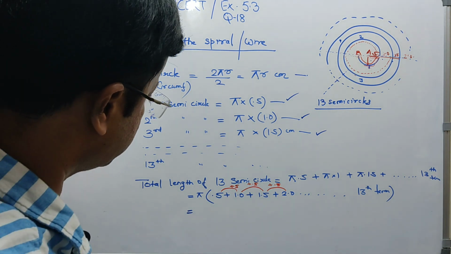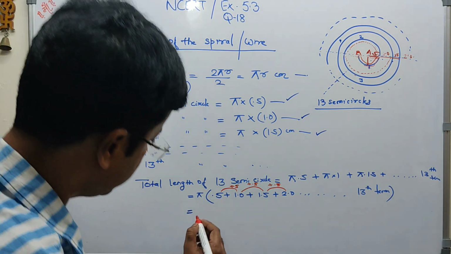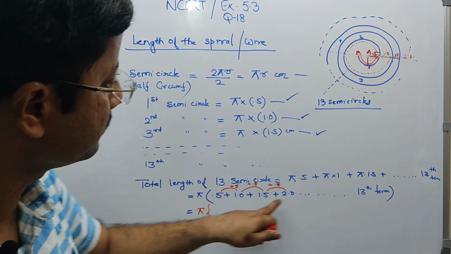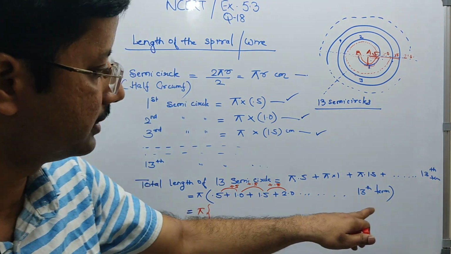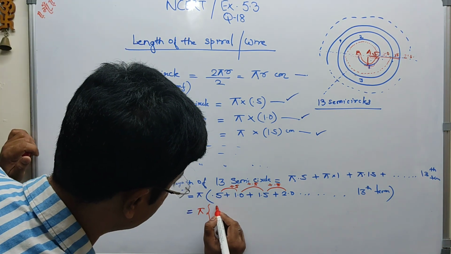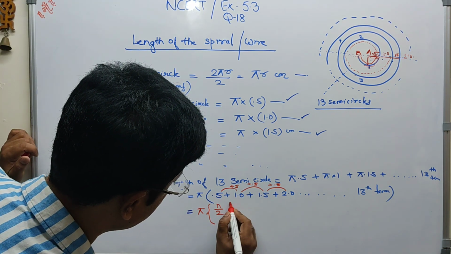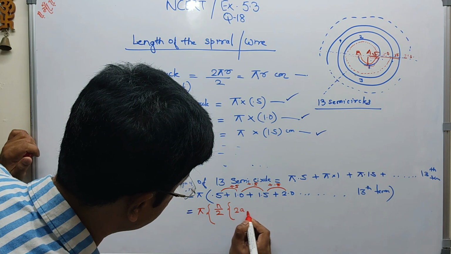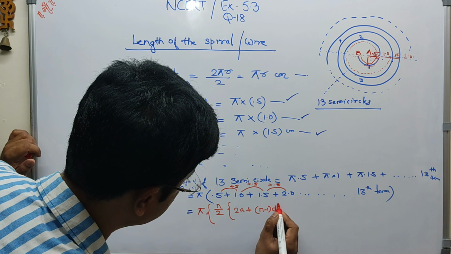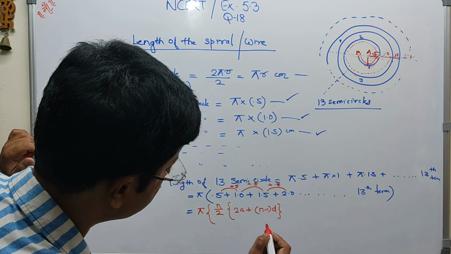In fact, this is an arithmetic progression. So we can directly use the formula for the sum of an arithmetic progression till the 13th term. What is the formula? n by 2 into 2a plus n minus 1 times d.